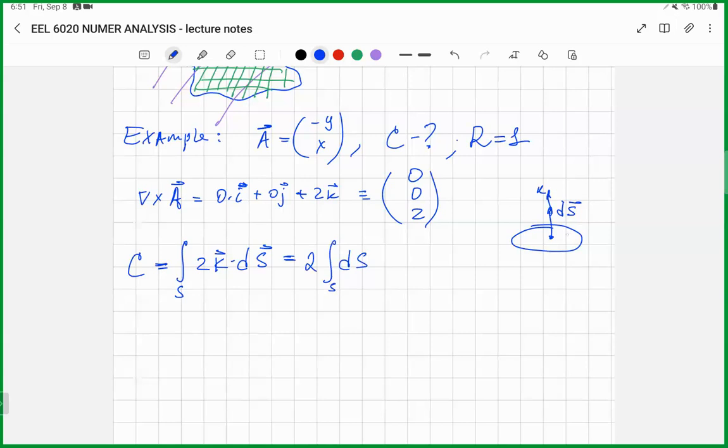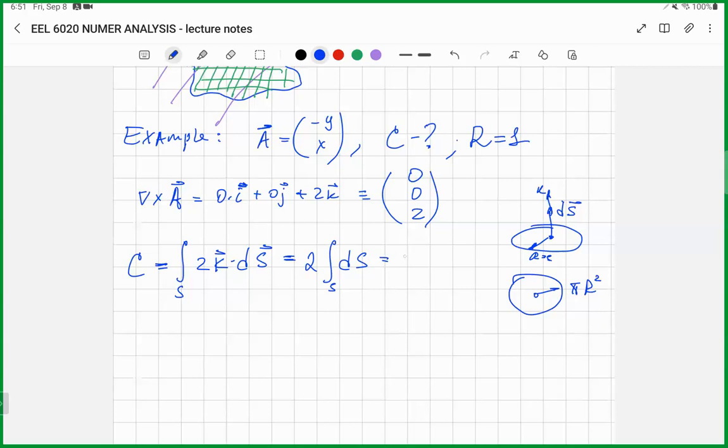And the surface, I remind you, it's given, right? The radius is 1. So the area of a surface with radius 1 is equal to pi r squared.